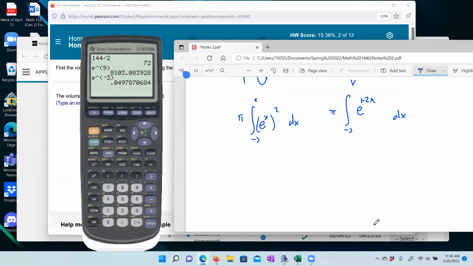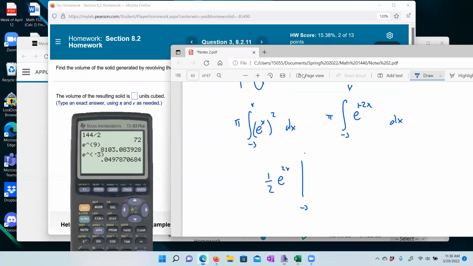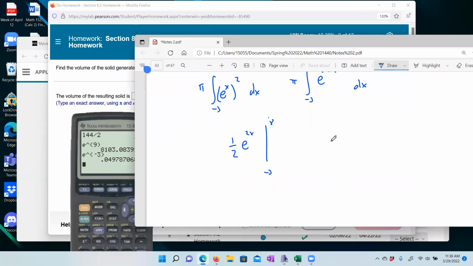Okay, so we go ahead and integrate this. This is going to be e to the 2x times 1/2. If I take the derivative, I get back e to the 2x. That's what I'm doing. So that's this integrated from negative 3 to positive 8. It is about the x-axis. So pi, and this is our dx here.